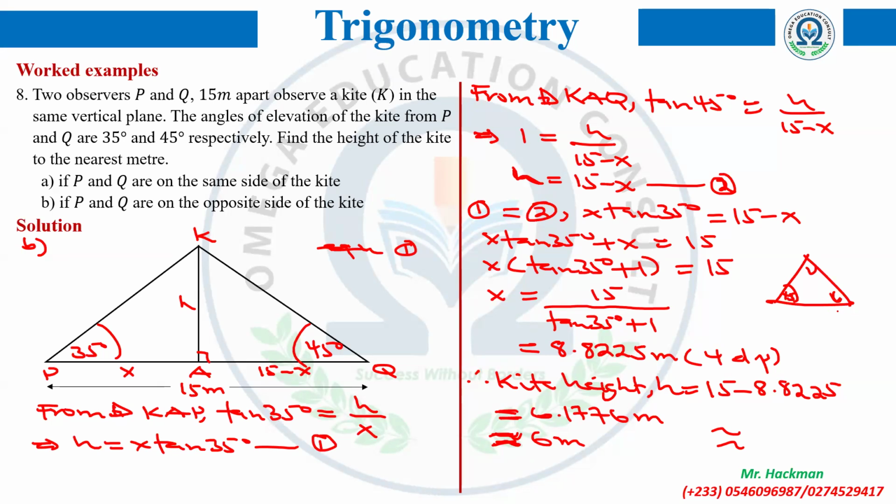An isosceles triangle will have how many equal sides? Two equal sides. So this angle here being equal to this angle basically tells that this side will be equal to this side. So that's the same information that you have here, only that the diagram is in this form. But you know that this angle here is equal to this angle. Therefore, this side will be equal to this side. So that's the more reason why h must be equal to 15 minus x. And that was established there.